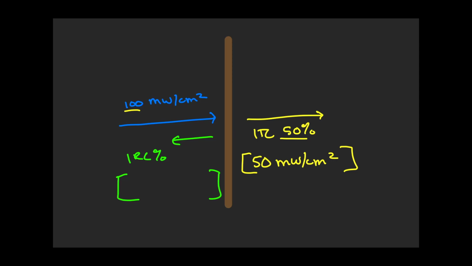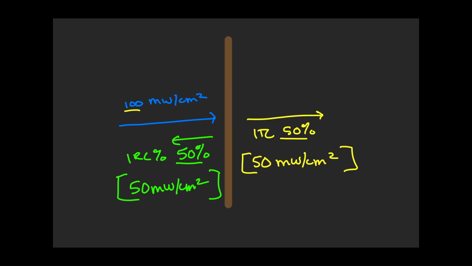Now the rest is relatively easy. Knowing that our IRC plus our ITC has to equal 100, we know then that 50% plus 50% is 100%. We can then use our IRC to calculate our reflection intensity. 50% of 100 is also 50 milliwatts per centimeter squared.